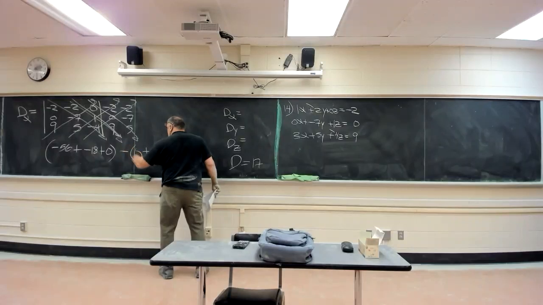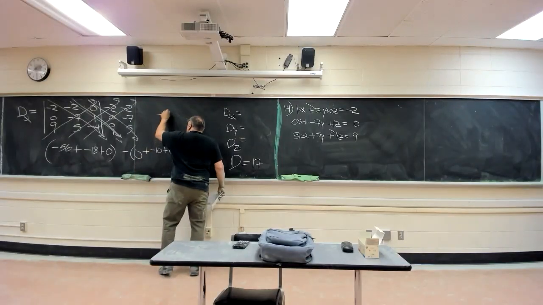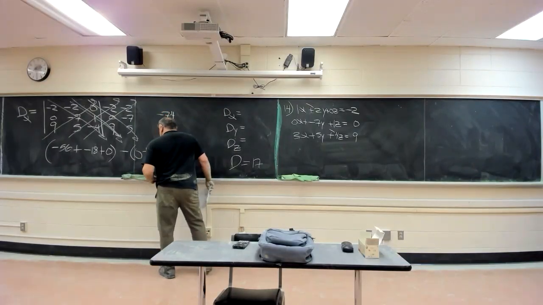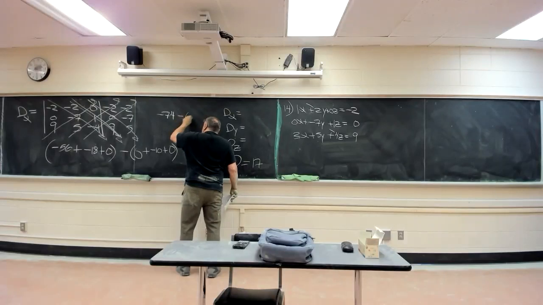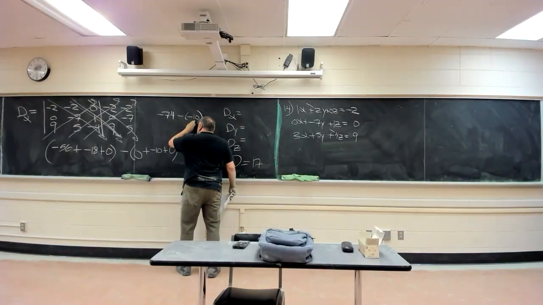We got over here in the first quantity that's being added together, -56 and -18 and 0. -56 and -18 is -74. Minus a -10.